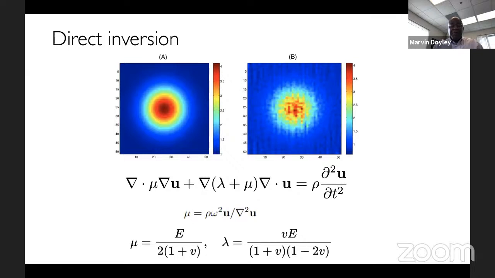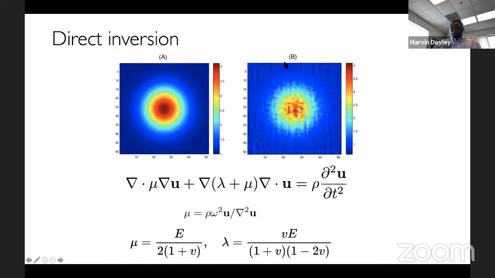Now, great algorithm, it's beautiful, it'll give you the best result if your data is perfect. Here there's no noise, it looks perfect. For this case, we just have a Gaussian inclusion, so it's not a sharp inclusion, it's slowly, gradually fading into the background. And it did an excellent job recovering the parameter.